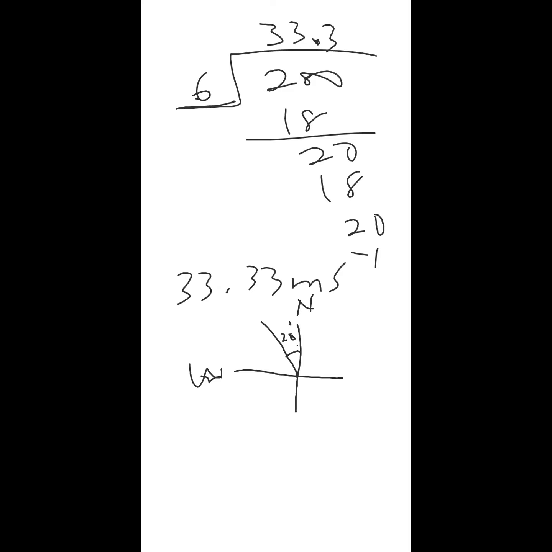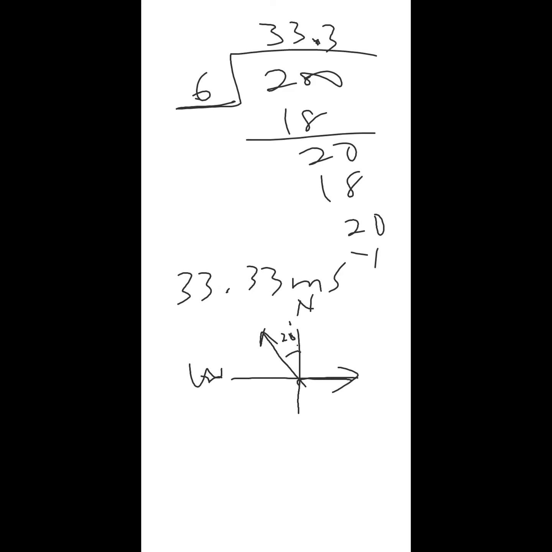He now said the boat crosses a canal at a speed of 12 meters per second. What is the resultant velocity of the boat, if the water of the canal flows due east at 12 meters per second, the same speed? So the boat is going like this, the water is flowing like this.